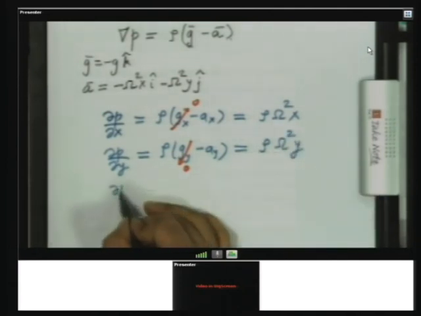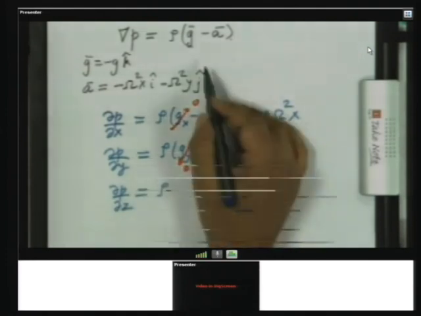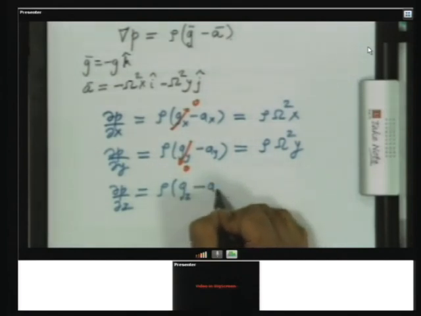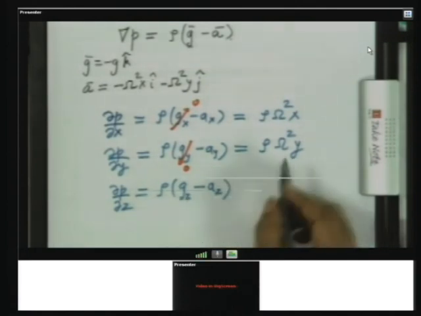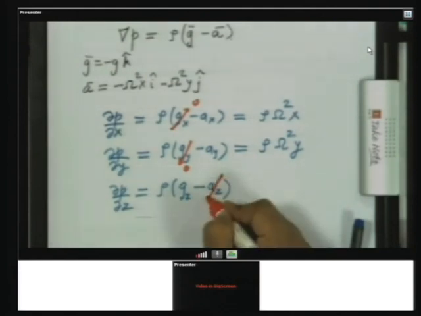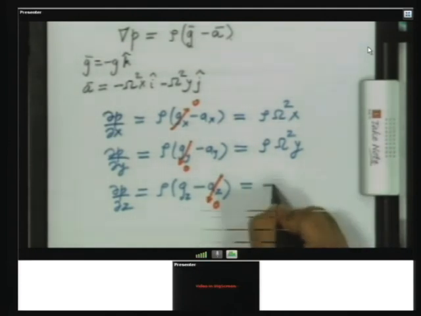Now, del p del z is going to be rho into the z component of g minus a. So, we are going to have g z minus a z. Now, here a z is 0 and g z is minus g. So, we are going to have minus rho g.